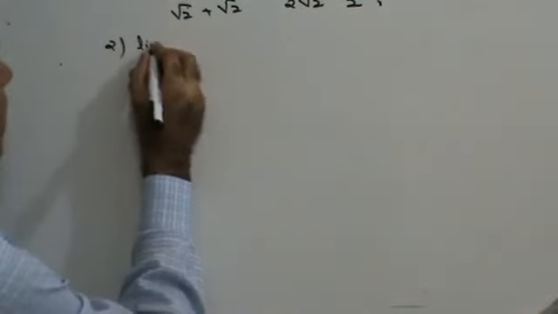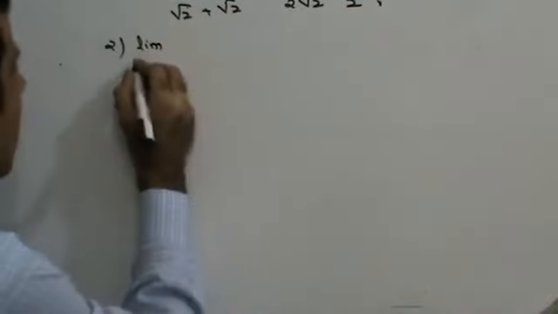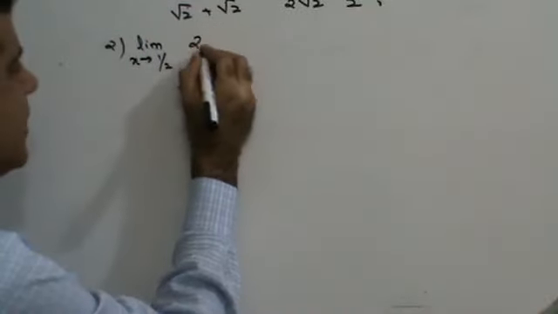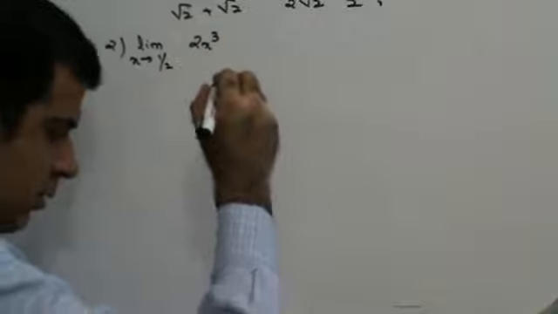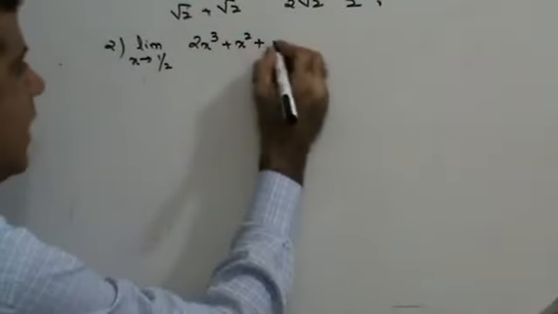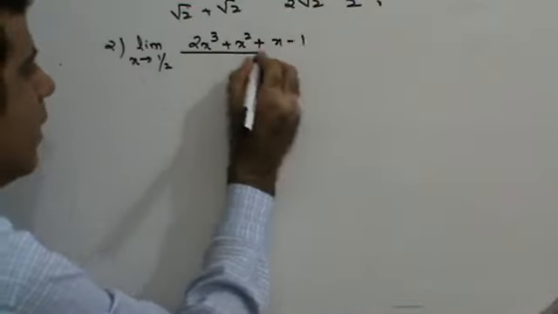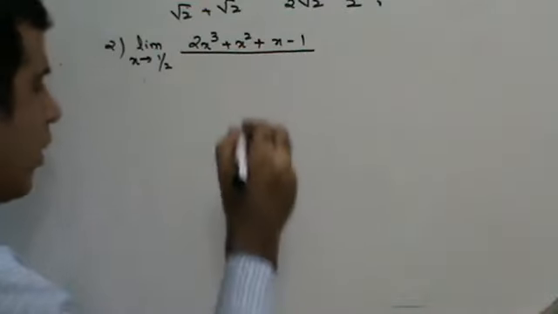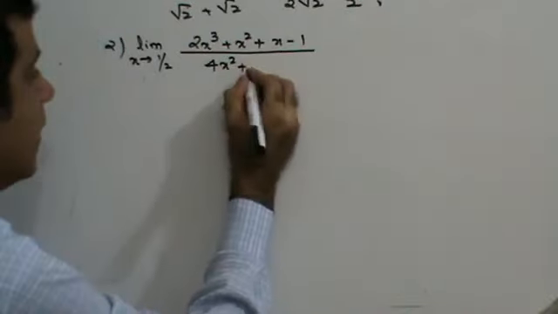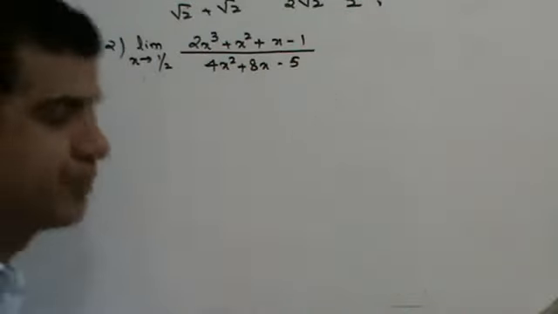Let's see another sum of this kind, guys. Limit of x tends to half, (2x cube plus x square plus x minus 1) upon (4x square plus 8x minus 5).